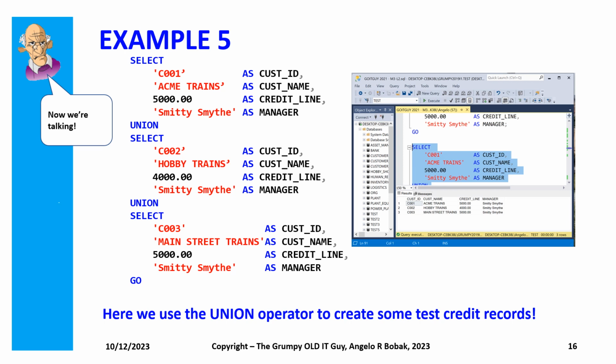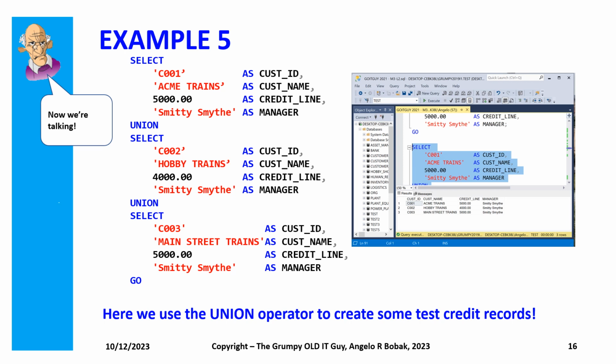Select C001 as cust_id, Acme Trains as cust_name, 5000.00 as credit_line, Smitty Smythe as manager. Union. Select C002 as cust_id, Hobby Trains as cust_name, 4000.00 as credit_line, Smitty Smythe as manager.